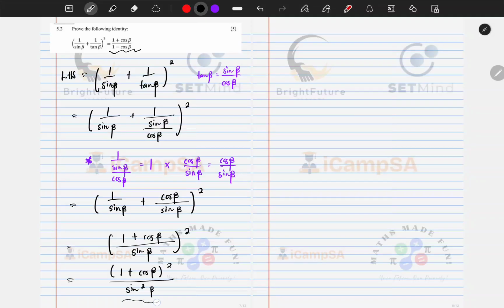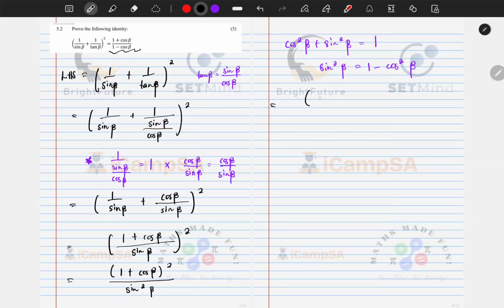So it means that we can change this to become cos. Remember, cos squared beta plus sine squared beta is equal to 1. Then sine squared beta is the same thing as 1 minus cos squared beta. So from there we can just substitute.